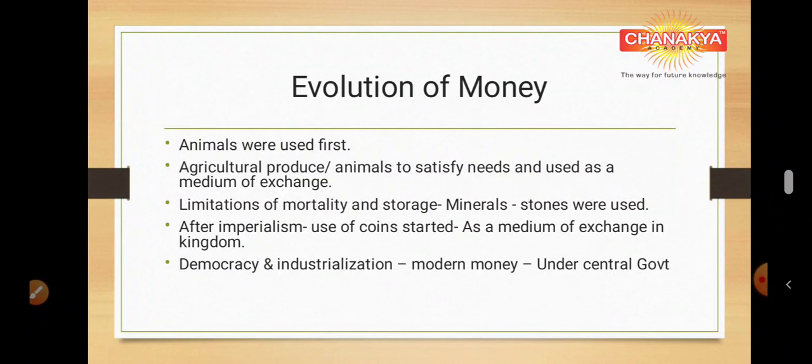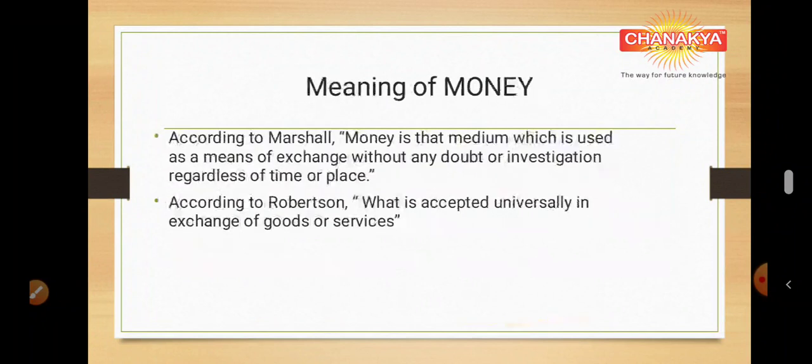There is no question of mutual adjustment, because everyone is exchanging the required things with money. The advent of the banking system made it easier even to transfer and store this money.